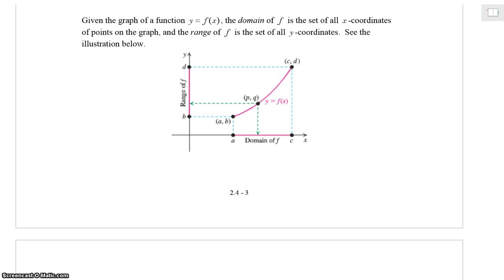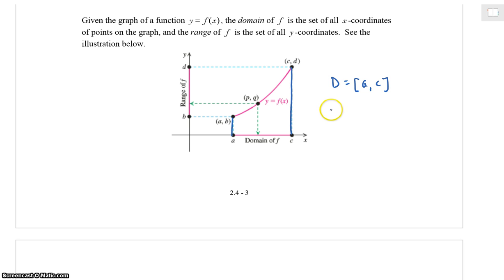So if we project the graph onto the x-axis, as is shown in the sketch, you see that the x values range between x equals a and x equals c and everything in between. So the domain for this function that's shown could be expressed as the closed interval [a, c], the set of all real numbers between a and c.